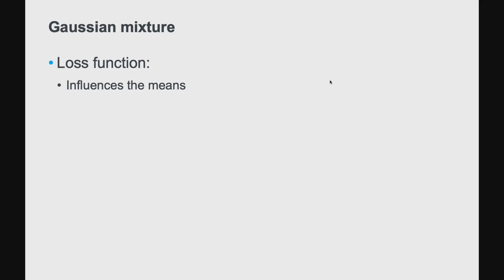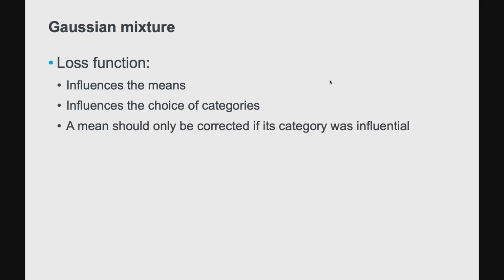That's what we want to do. Now the loss function influences the means. Well, we need to formulate the loss function such that we correct the means until we best represent all the objects that we see. It influences the choice of the categories. When I'm in a certain place, I want to do a maximum likelihood choice.